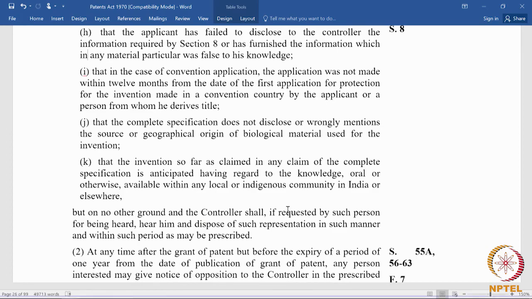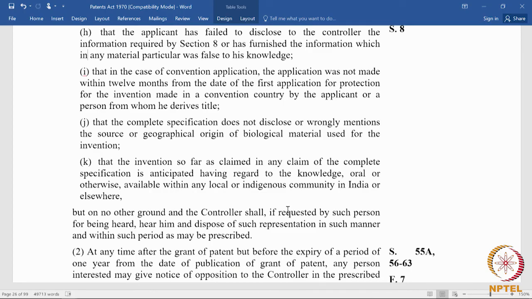When the controller grants a patent, after considering all these oppositions, the controller may directly grant the patent, or he may ask the applicant to make an amendment and eventually grant it. When the controller refuses, this provision does not say that the controller can refuse. The act, if you see 25(1), there is no mention of refusal.